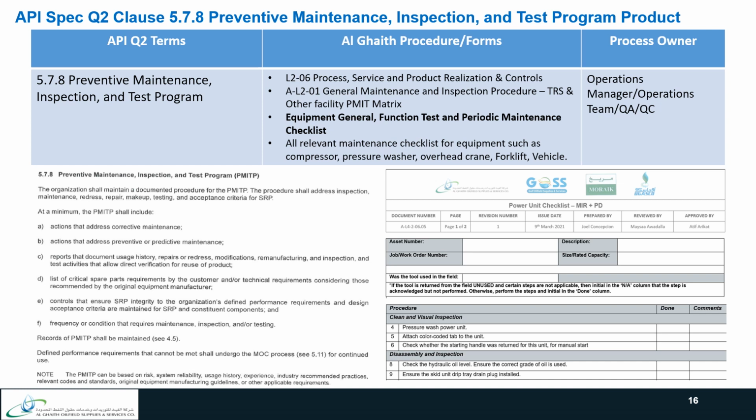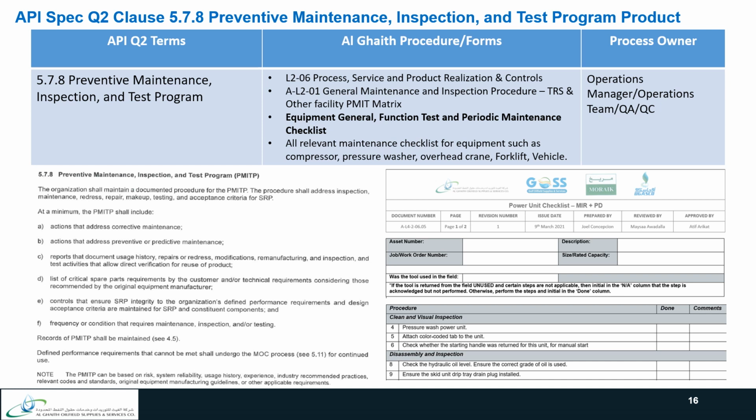B. Actions which address preventive or predictive maintenance. C. Reports that document usage history, repairs or redress, modifications, remanufacturing, inspection, and test activities that allow direct verification for reuse of product. D. List of critical spare parts requirements by the customer and/or technical requirements considering those recommended by the original equipment manufacturer.